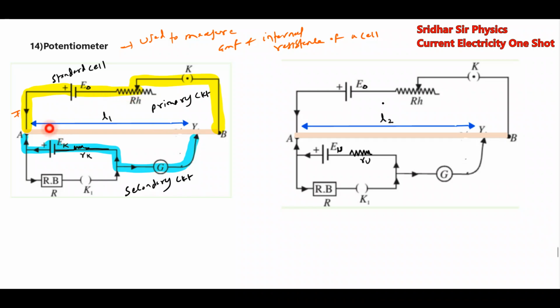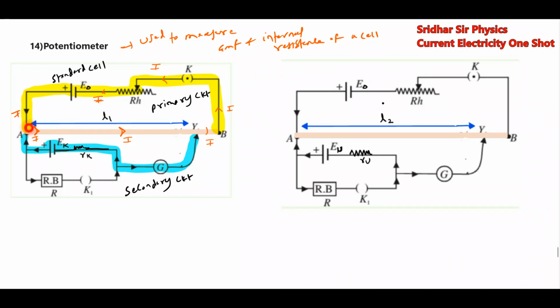Now let's do one thing. Here the current through the galvanometer is 0. So the current will not branch here, it will flow like this.